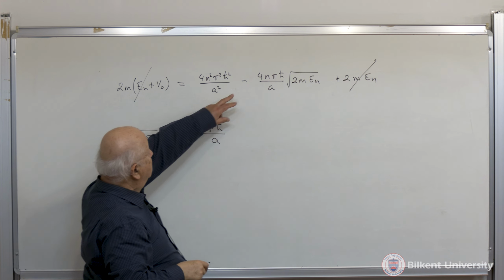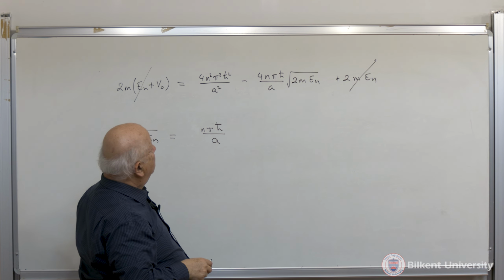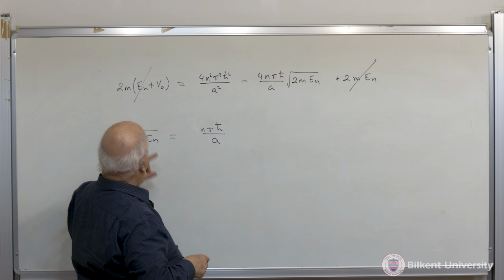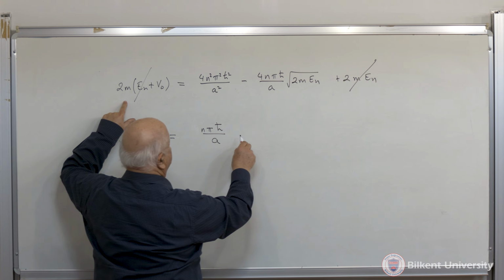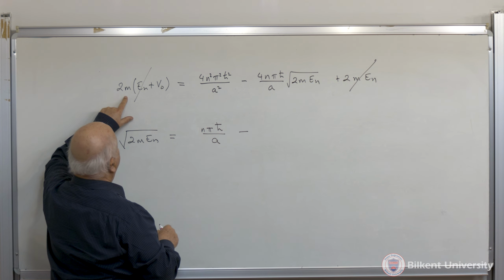I just multiplied by a over 4n pi h bar. I have to do this on that one also, so that comes in as a minus sign.